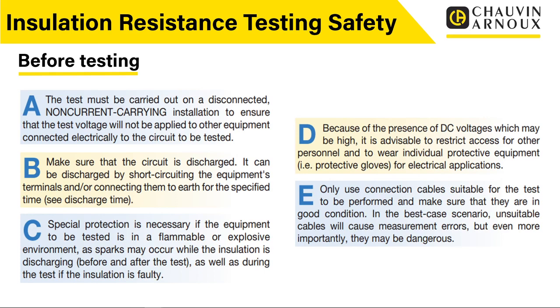We're only talking very small currents, but obviously the level of voltage there is enough for an electric shock. So you could actually get an electric shock from these circuits. They could be dangerous. So it's very, very important when we carry out insulation resistance testing that we consider that we are applying dangerous levels of voltage to the installation or to the equipment under test.